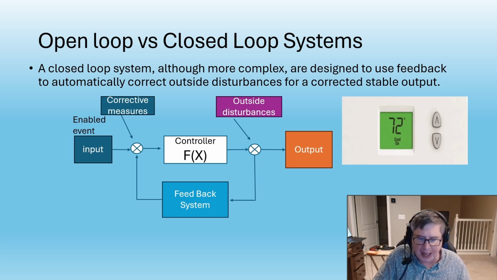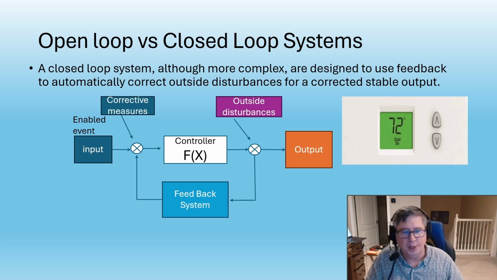It could be mechanical, it could be whatever. There are outside disturbances. In our case, there's temperature. Temperature may go up. If it goes up, then it feeds back. There's a corrective measure. The corrective measure could be a heater turning on or an air conditioning unit, to cool it down or heat it up. That is basically to keep everything at an equilibrium.